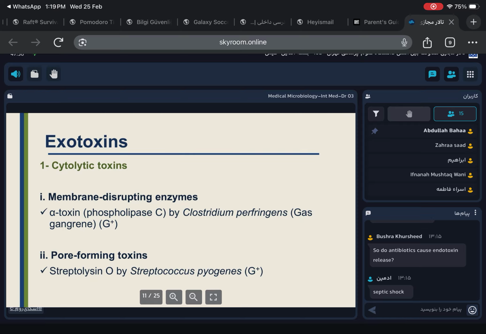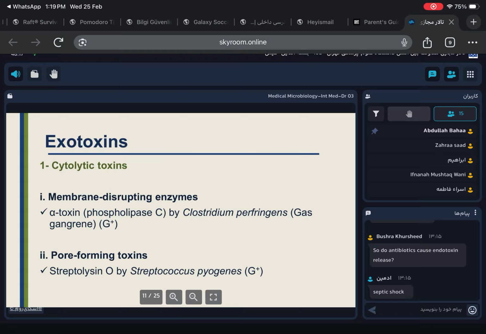If there is something wrong with the cytoplasmic membrane, the cell will be dead, even if it is a cell that we have in the human body.